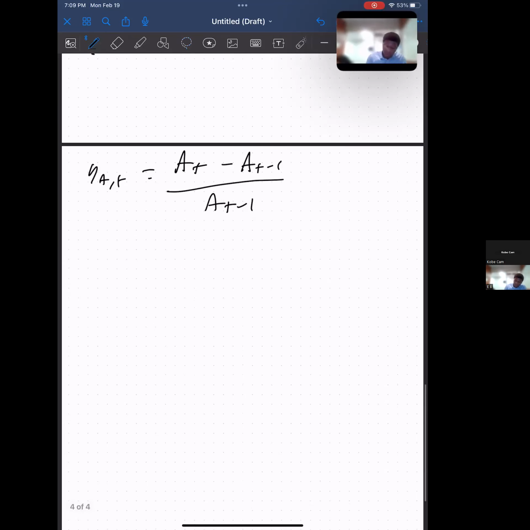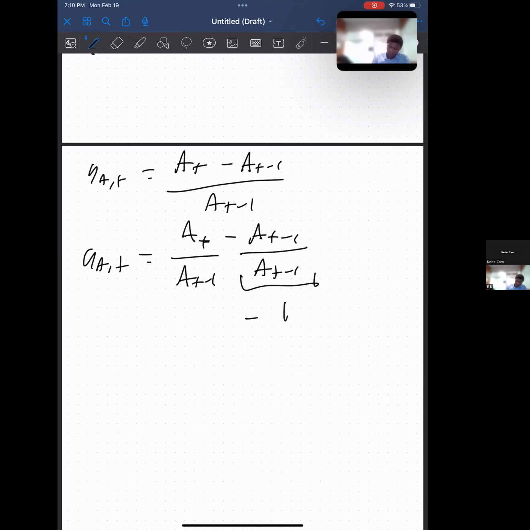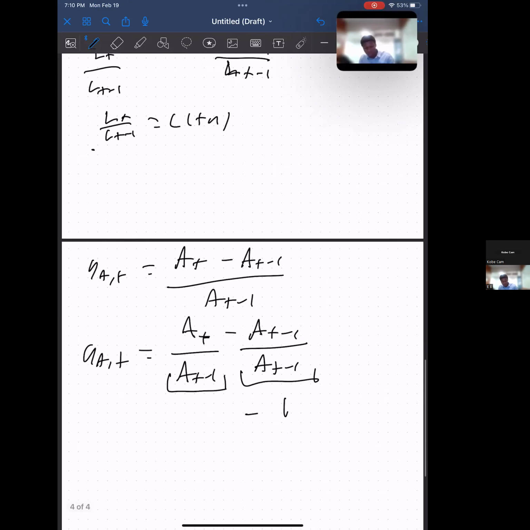So first off, we could just break this up. So now we have A_t minus A_{t-1} divided by A_{t-1}. That's the first step. Next, we can say, well, this is just 1, right? And so now, look, this is the same thing that we have up here. Let's leave that unchanged.